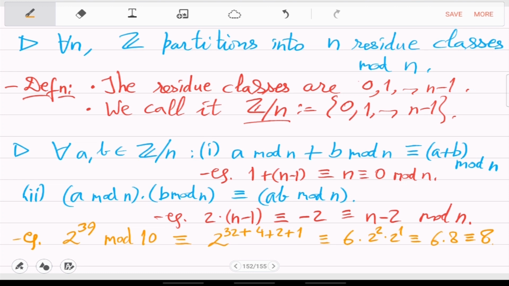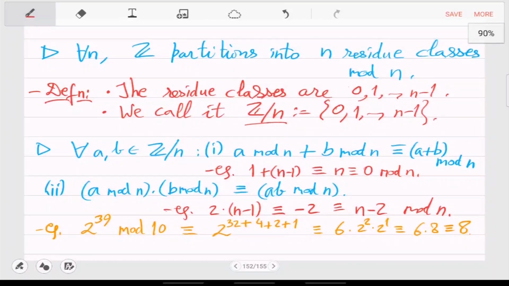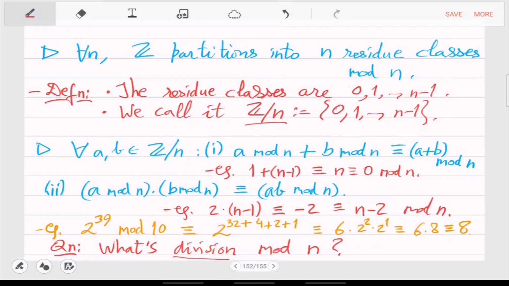So the question here is, what will not work in this arithmetic? So what about division? So addition multiplication will work. Can you also divide mod 10? So in Z mod 10, Z slash 10 set, is division defined? What do you think? Is it?